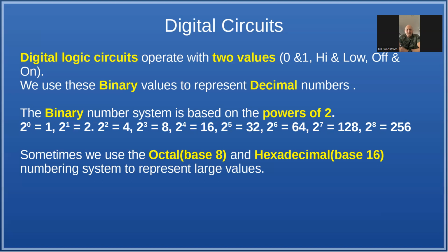And those are represented as 2 to the 0 power, which is equal to 1. Any number raised to the 0 power is going to be equal to 1. 2 to the first power is itself going to be equal to 2. 2 to the second power, or we call it 2 squared, is 4. 2 cubed is 8. 2 to the fourth is 16.